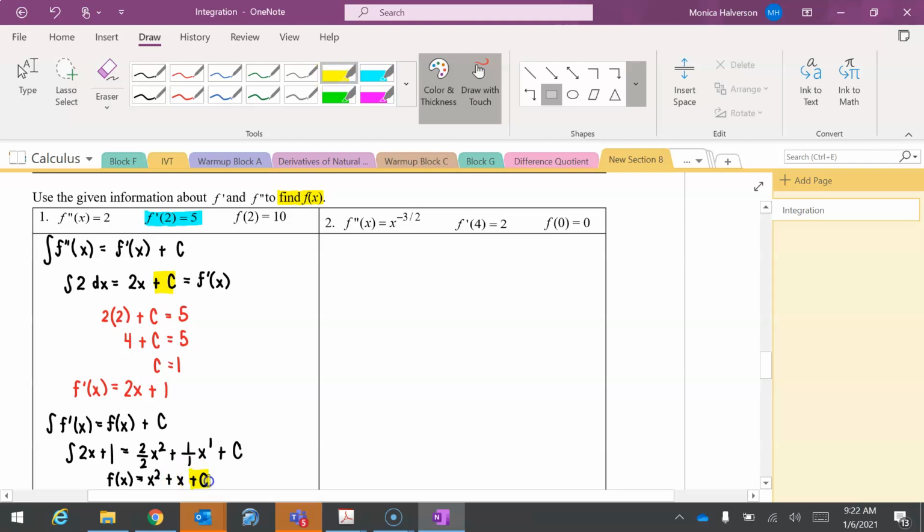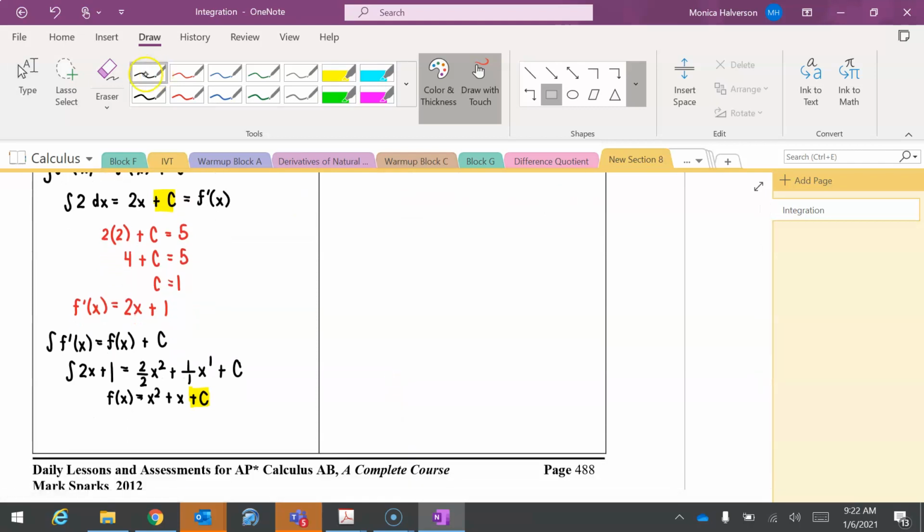But we still have this c value. So now we're going to use the known coordinate point of (2, 10) in the original function to find that c value. Okay, 10 is equal to 2 squared plus 2 plus c. So 10 is equal to 6 plus c. c is equal to 4.